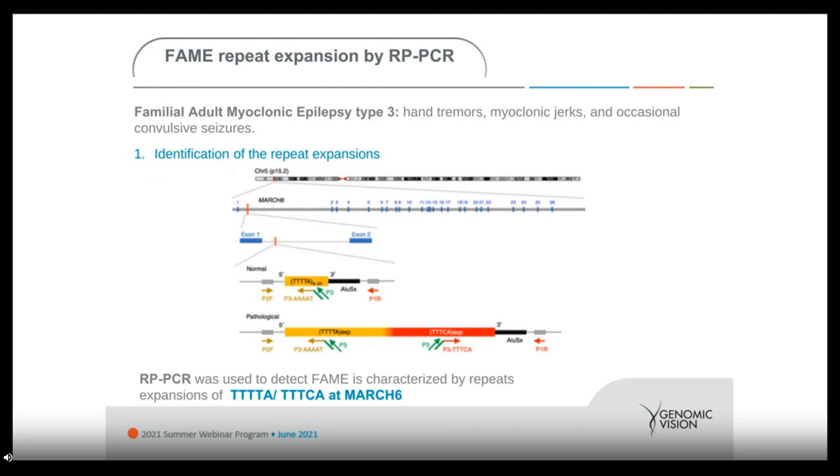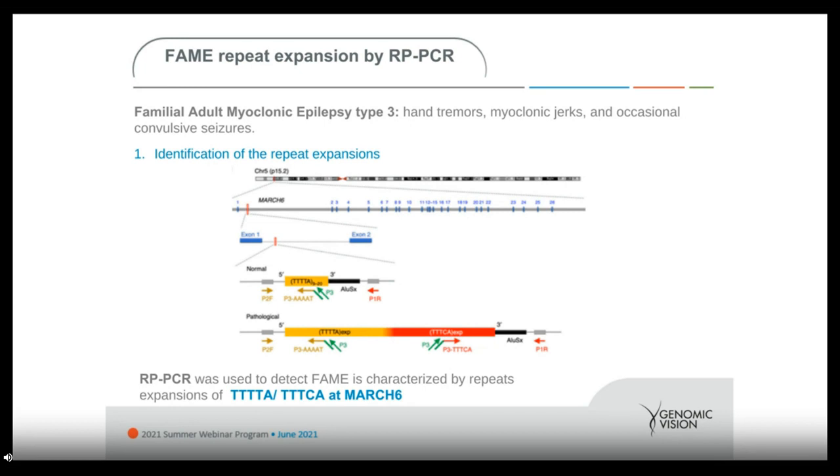Indeed, from different studies, what the scientists looked at was the identification of the causes of FAME3 onset. The scientists used many sequencing technologies, but all were unable to give an outcome. So in this case, they decided to use RT-PCR. You can see that in a normal case there are the two exons, exon 1 and exon 2, and there is already a repeat expansion between the two that goes from 9 to 20.